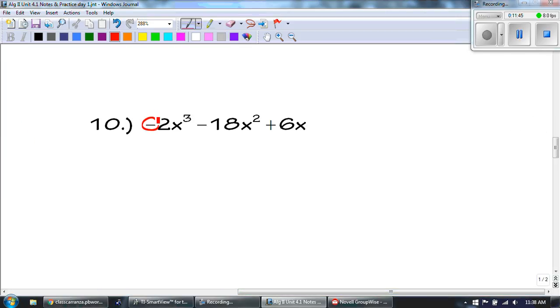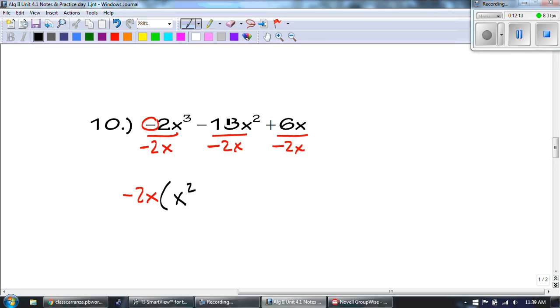All right, first thing I see is that my leading coefficient is negative. So my GCF is negative. 2 goes into all of those numbers, and they all have an x, so I can factor out an x. My GCF goes out front, and then we divide. Negative 2 divided by negative 2 is 1. X cubed divided by x gives us x squared.